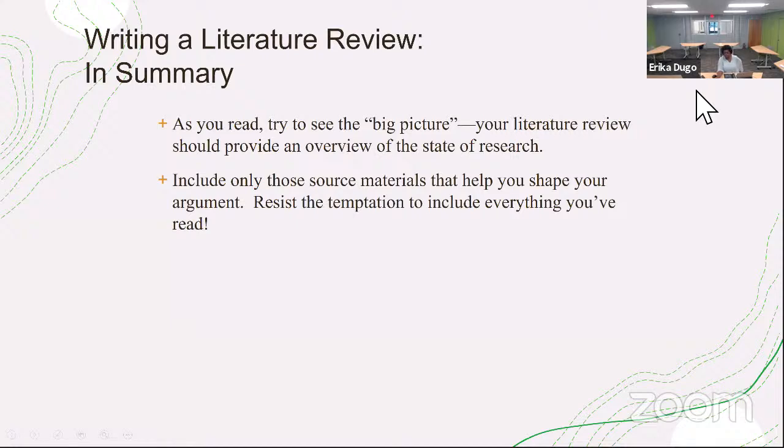So you should resist the temptation to include everything that you've read. You also want to balance the summary and analysis as you write. So as you are summarizing what that paper or article that you're using is saying, you also want to be analyzing your own interpretation of it.